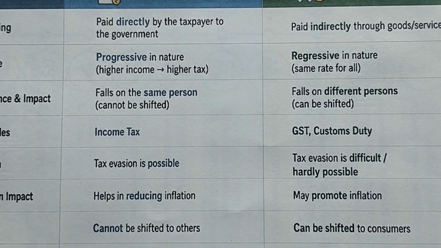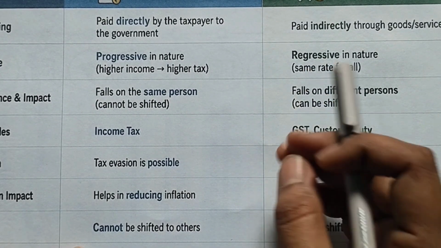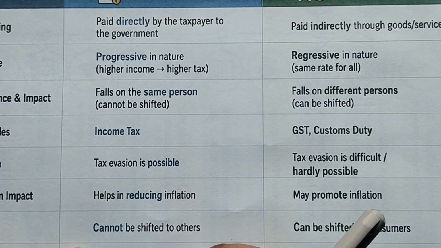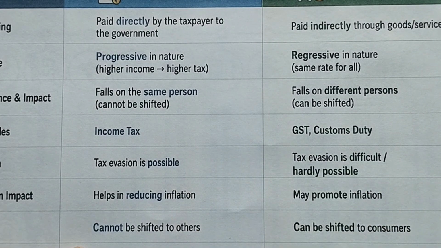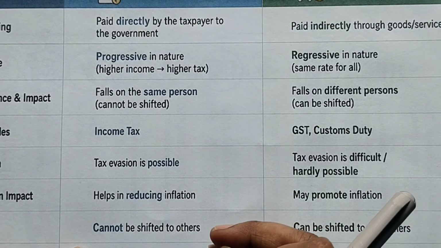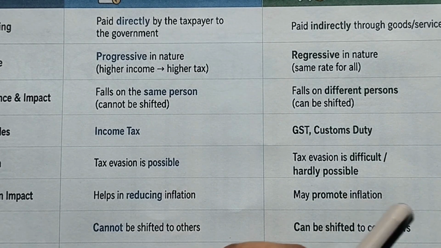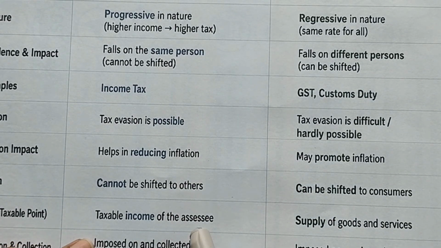See, as I already said, the burden you can't shift to another person. The incidence of tax is on the person who pays the tax only in the direct tax. It cannot be shifted. But in the indirect tax, the burden can be shifted. What is the event of tax? Here, the income of the assessee is the event of the tax.